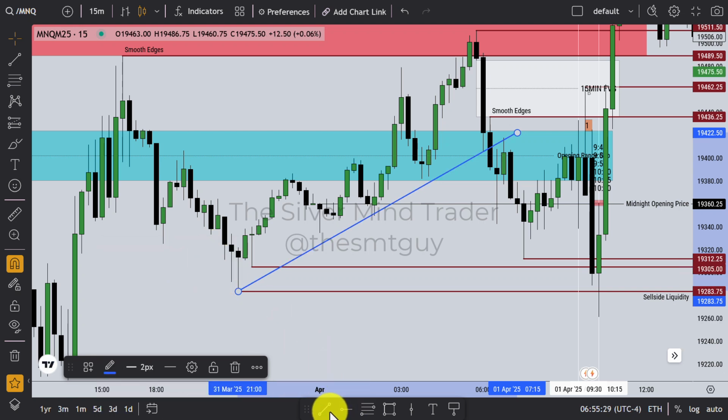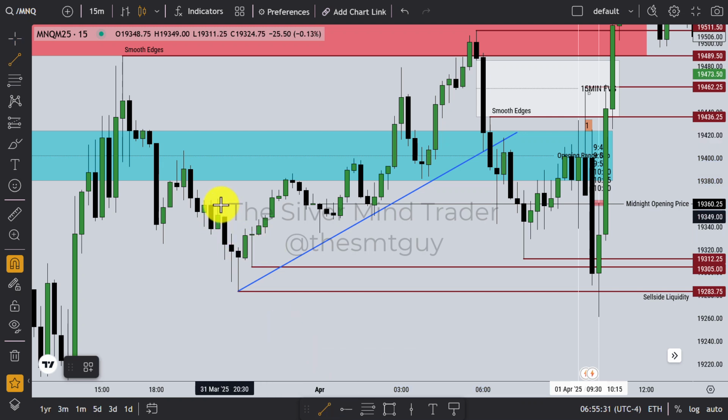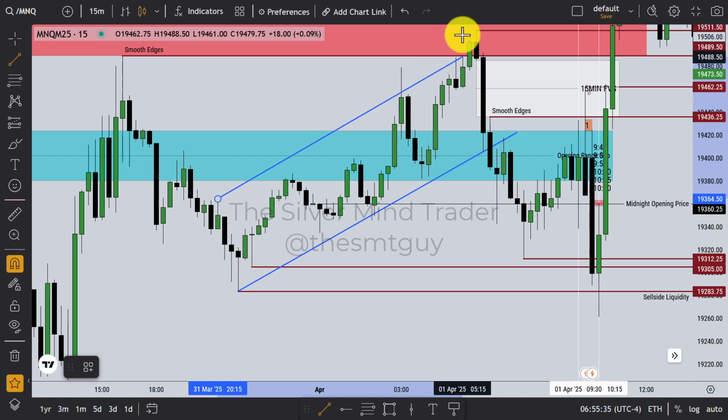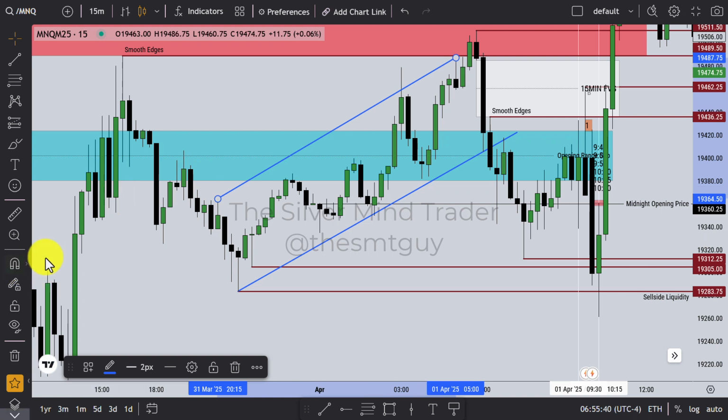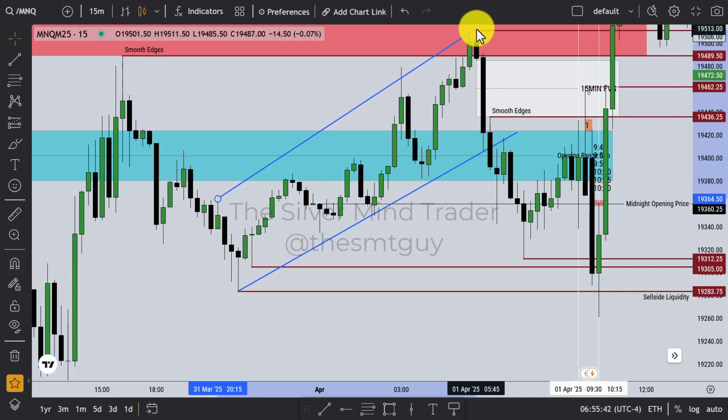This is what they teach you in the books or in those PDFs. They'll say support, support, support. Price is using this support. These are all support levels.